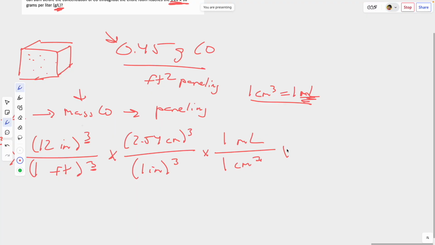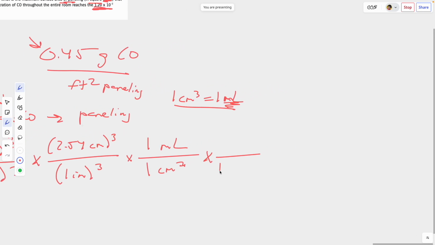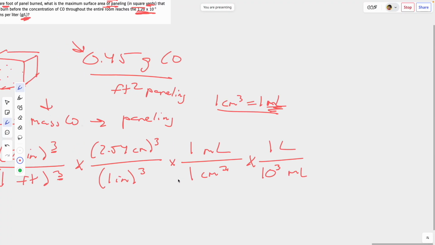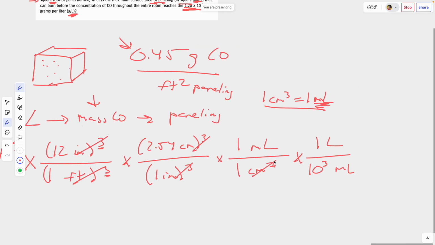It's true always. So now we can continue going, and 1000 milliliters is equal to 1 liter. So notice how, once again, I'm making sure that all these conversion factors line up so that these units cancel out perfectly with each other.